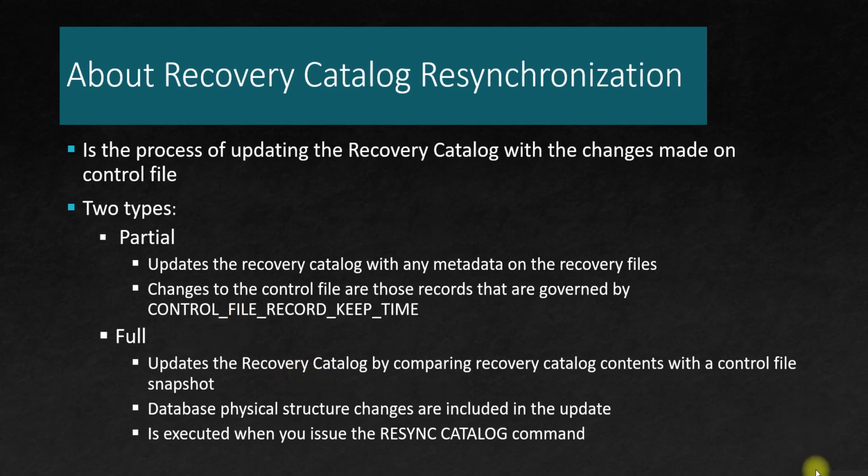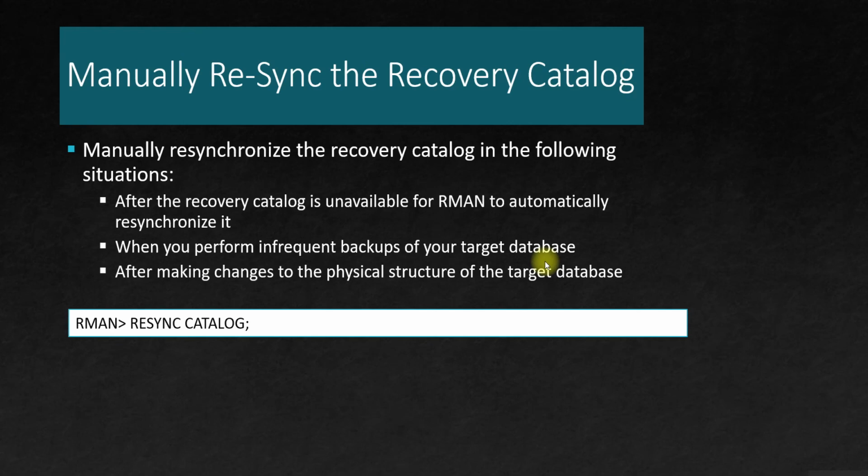Now the question comes, if you want to manually resync the recovery catalog. Sometimes there is a chance where you might need to manually resync the recovery catalog with the control file from your target database. Okay, here are some situations where you might need to manually resync.